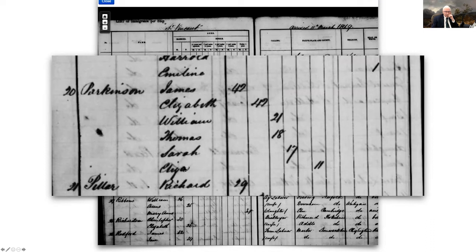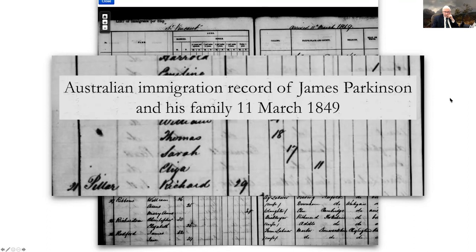And there's Eliza Parkinson and Sarah Parkinson. Sarah Parkinson was my ancestor, and Eliza is the sister that ran away to England. So they got to Australia on the 11th of March of 1849, which puts them fairly early in the history of Australia.